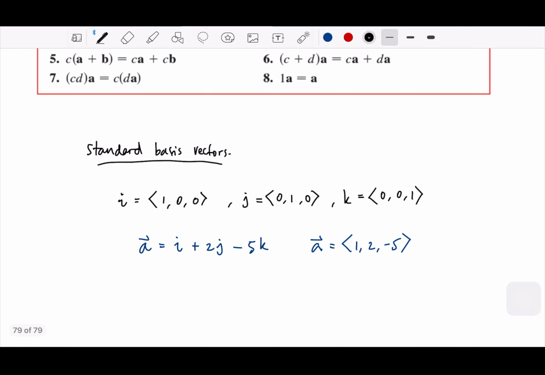And then another term is a unit vector. A unit vector is a vector whose length is 1.